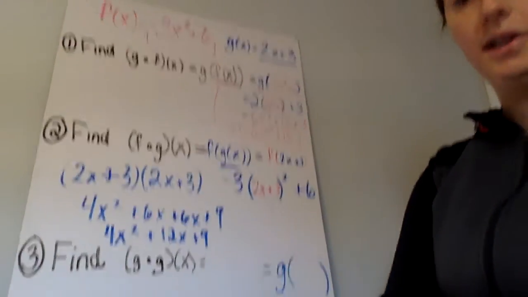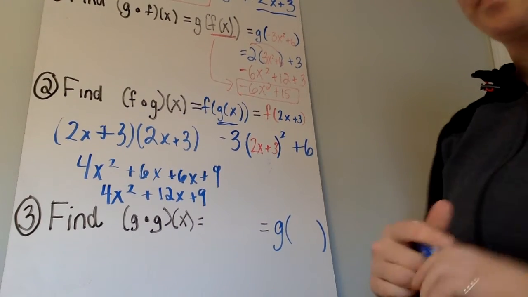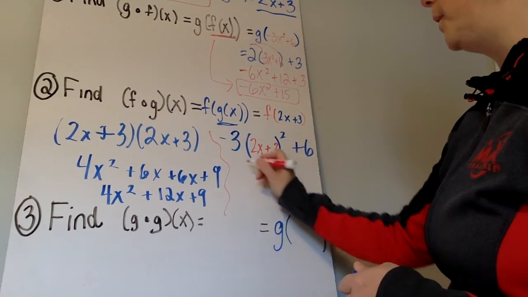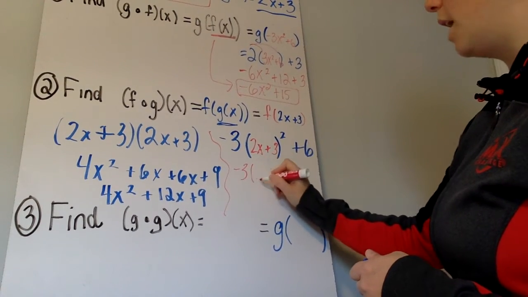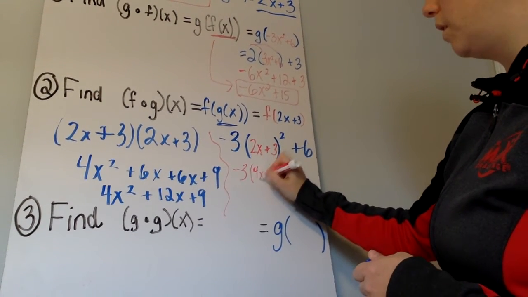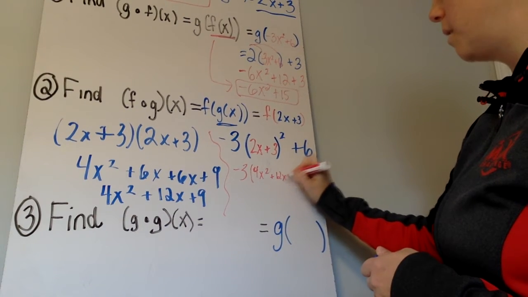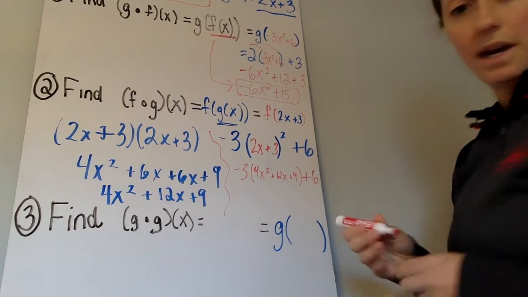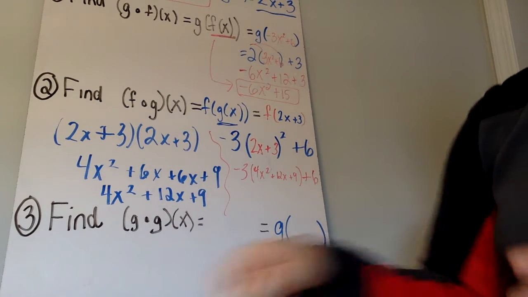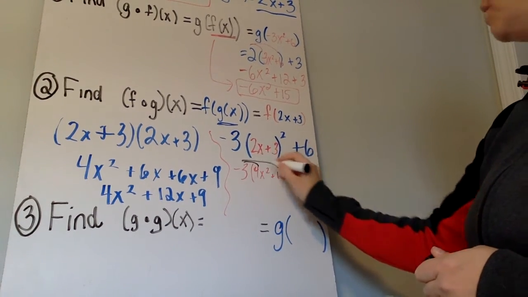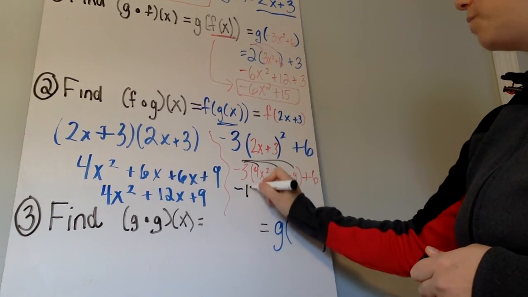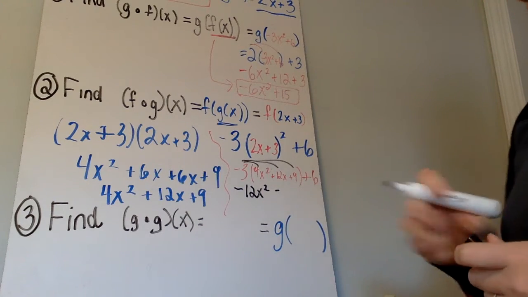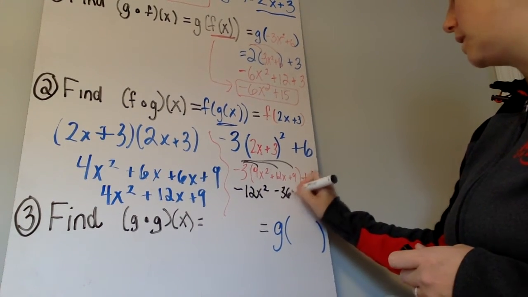Okay, I'm going to bring it down a little bit so you can see the screen a little bit more. So I have still negative 3, and I'm going to use the other color since there's a lot of blue. So I have negative 3 times 4x squared plus 12x plus 9, and that plus 6 is still out there. And now I'll use the black, distribute the negative 3 to all 3, and you get negative 12x squared, almost done, minus, because the negative times a positive, 3 times 12x is 36x.